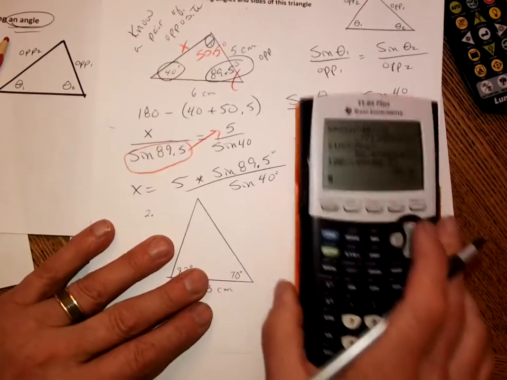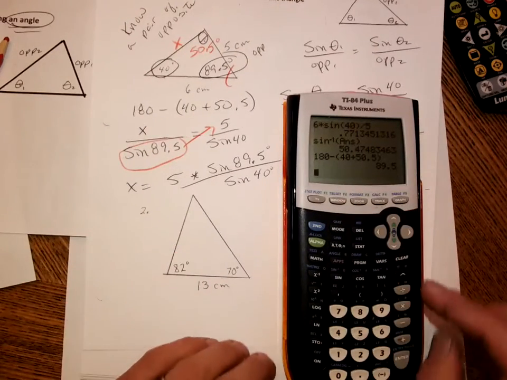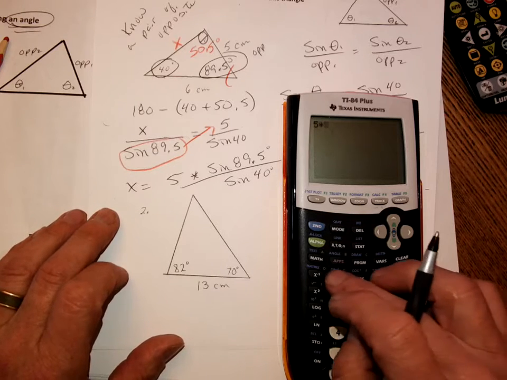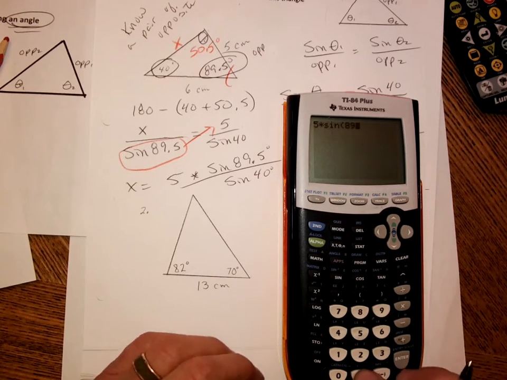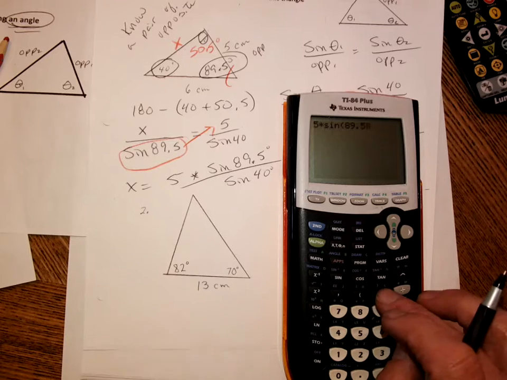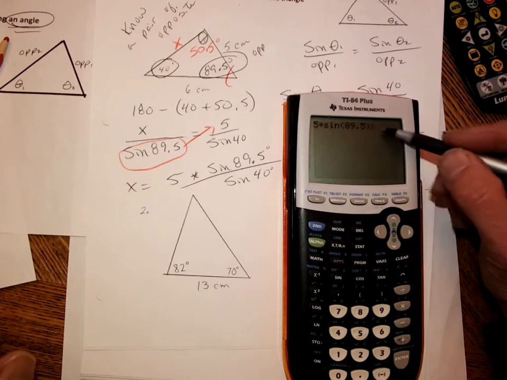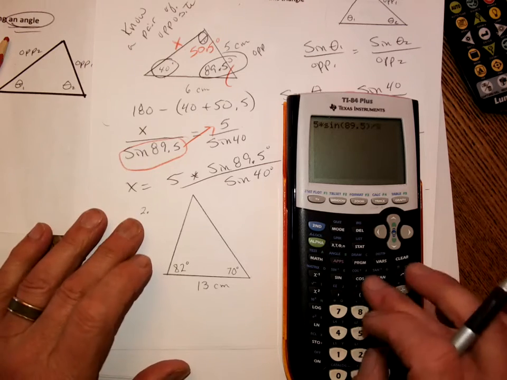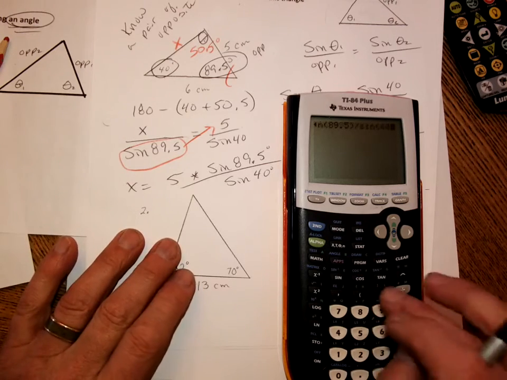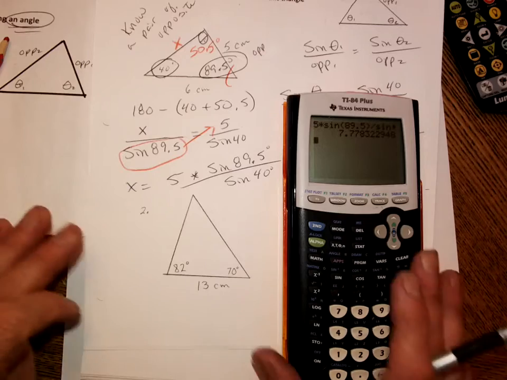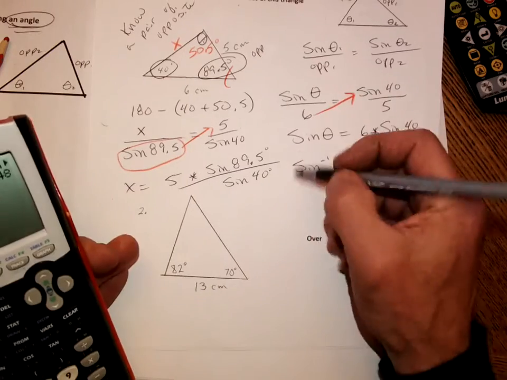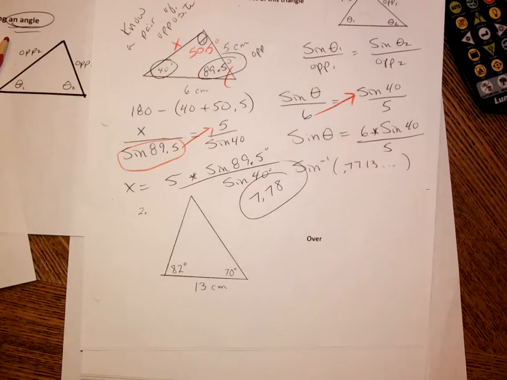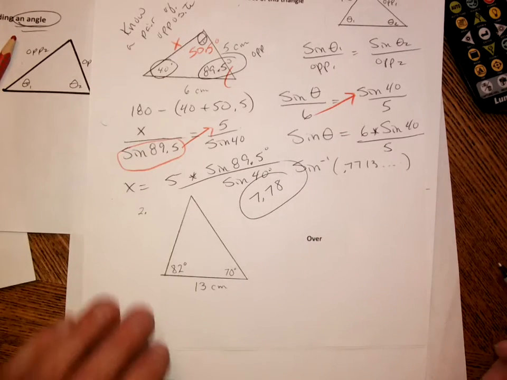I'm just going to let my calculator do the work. 5 times the sine of 89.5. Close the parentheses, otherwise it's going to mess you up. Divided by sine of 40, and I get an answer of about 7.77 or 7.78. Okay, that's that side. 7.78.